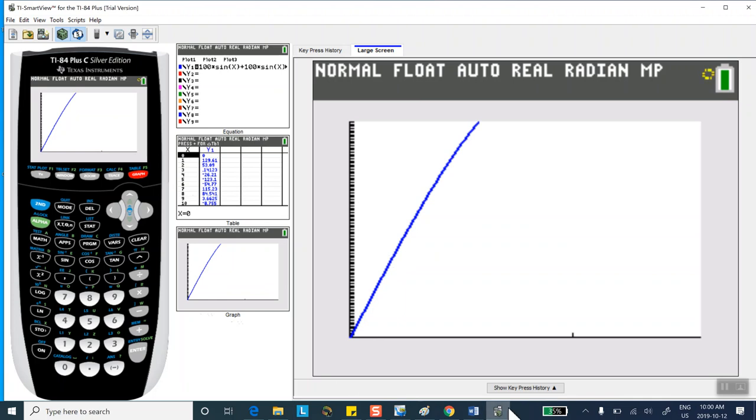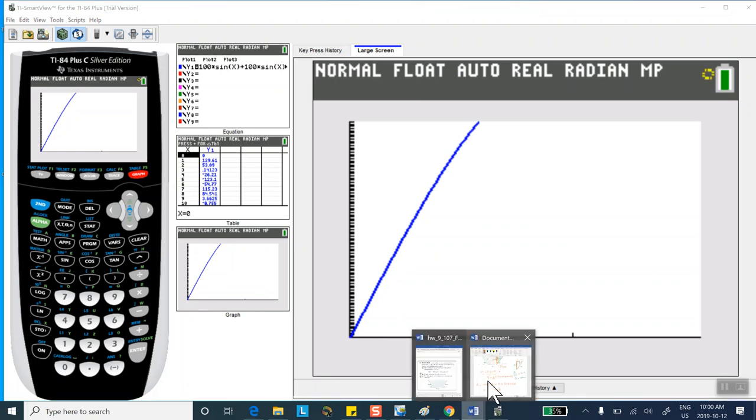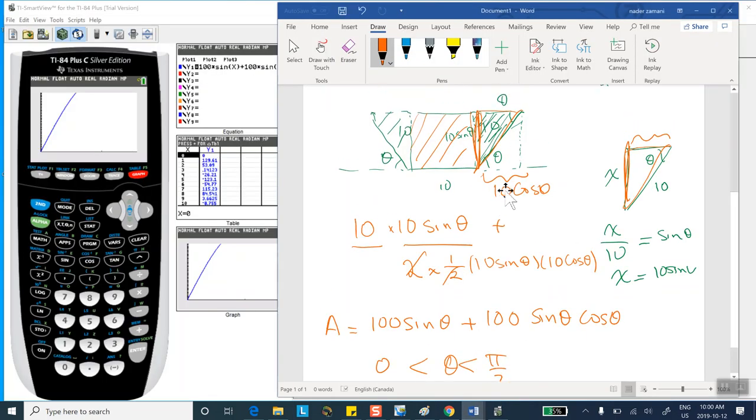Yeah, so I should have a better idea of what the height is. So let me see now. Obviously the area goes from 0. Let me change the height.